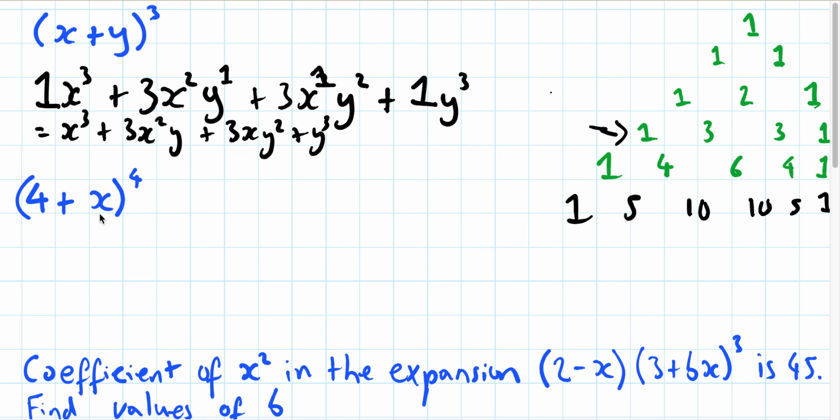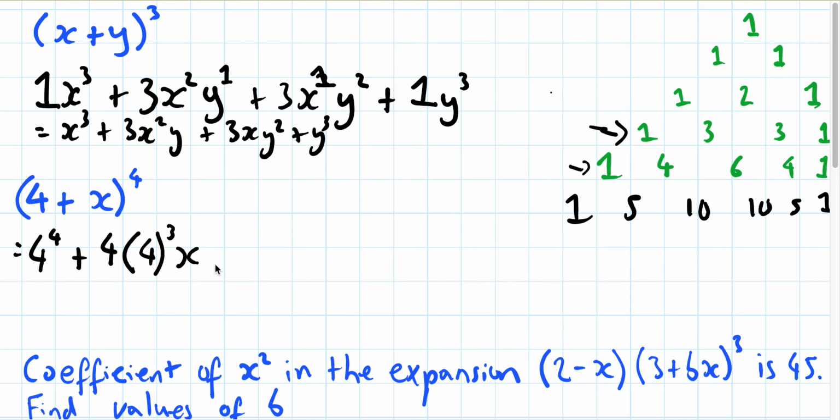Okay, so next one, to the power 4, so that means we're going to use the fifth row here. So this one equals 1 times 4 to the power of 4, add 4 times 4 to the power of 3 times x, add 6 times 4 to the power of 2.